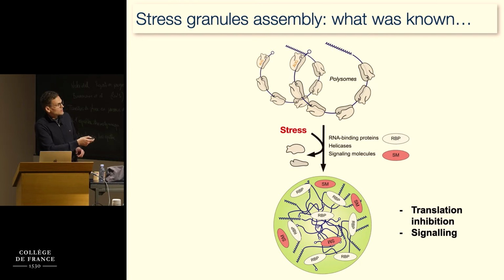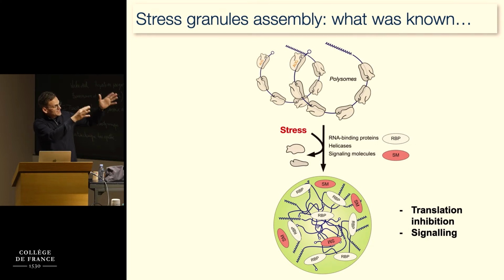You also have RNA binding proteins, helicases, and signaling molecules, and they all come together to assemble into these liquid-like condensates. And this is what we know. I told you already that they were involved in translation inhibition or regulation. There was also some evidence that they're involved in signaling. And this is what we knew.